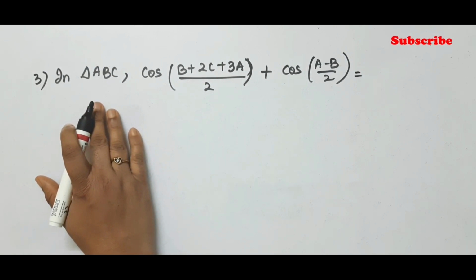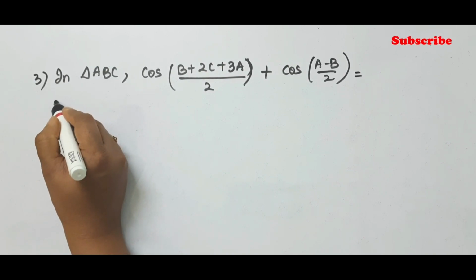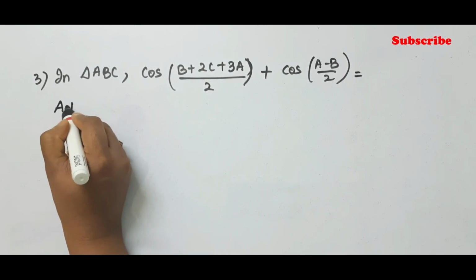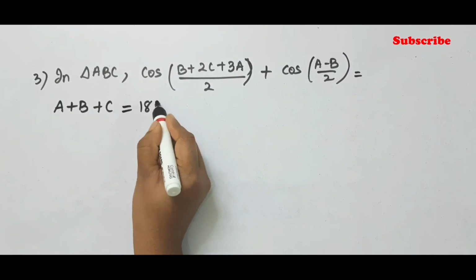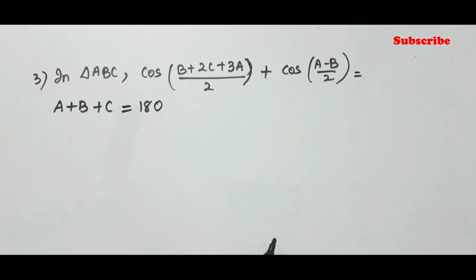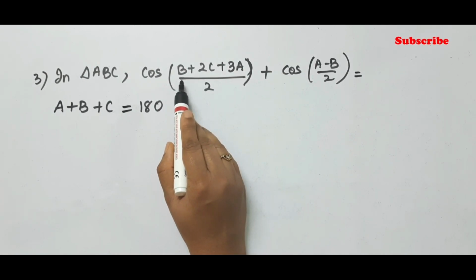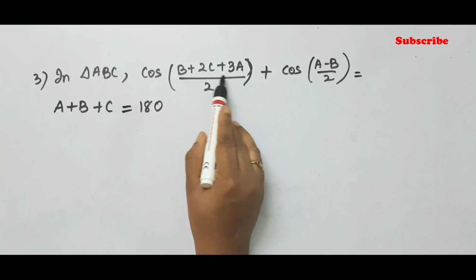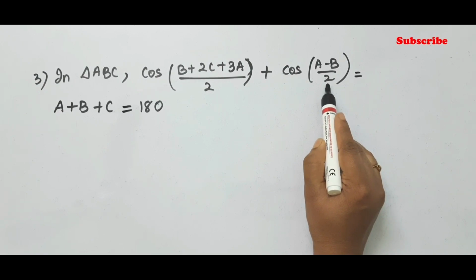So in properties of a triangle, we know that the sum of the angles will be 180 degrees. We have to use that property. That is, A plus B plus C will be 180 degrees, is it not? Here cos of (A minus B) by 2 is there, is it not?